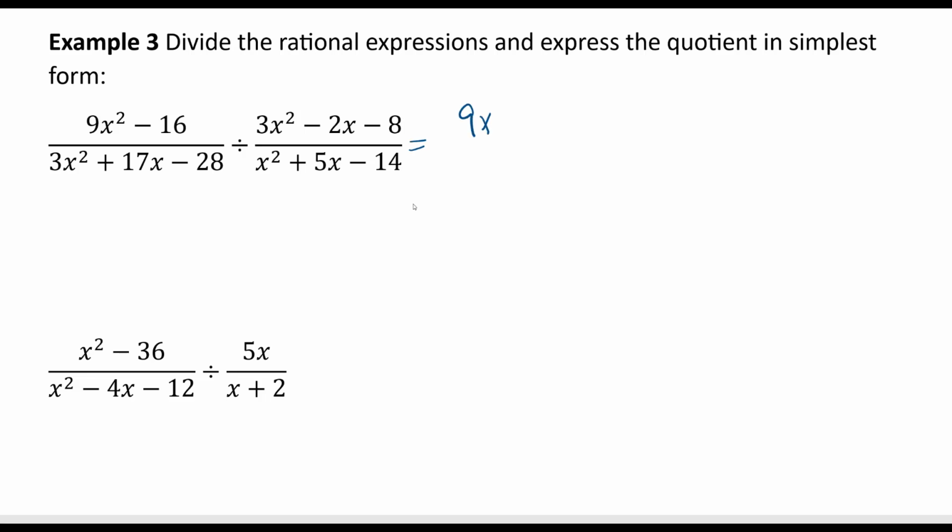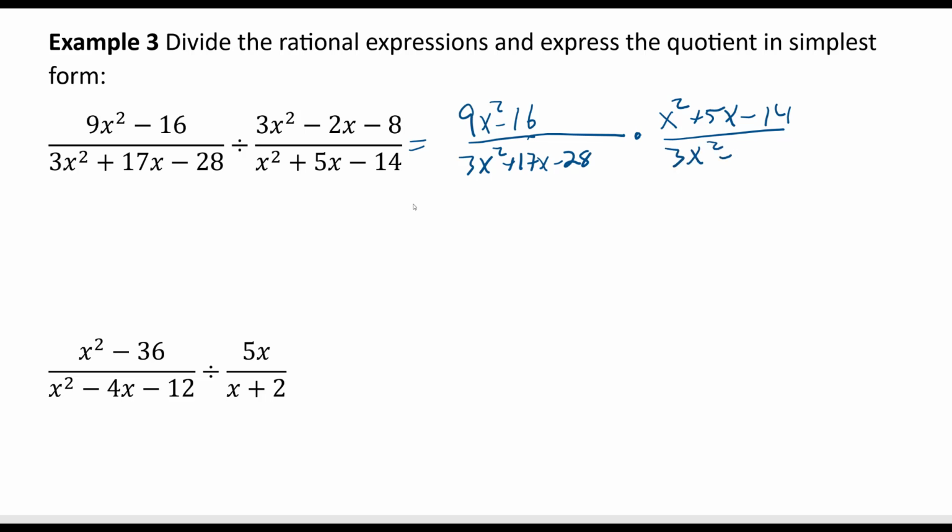So it's 9x squared minus 16 over 3x squared plus 17x minus 28, times the reciprocal of the second term, x squared plus 5x minus 14 over 3x squared minus 2x minus 8.